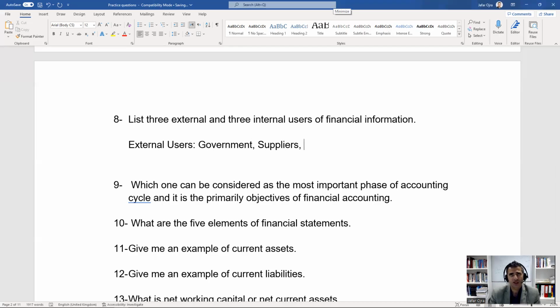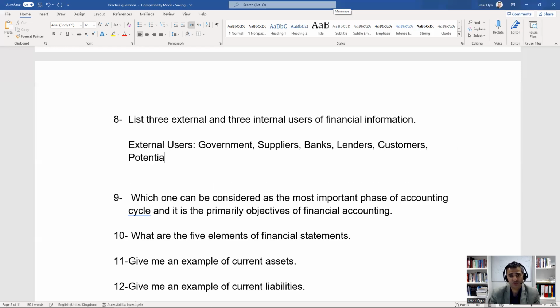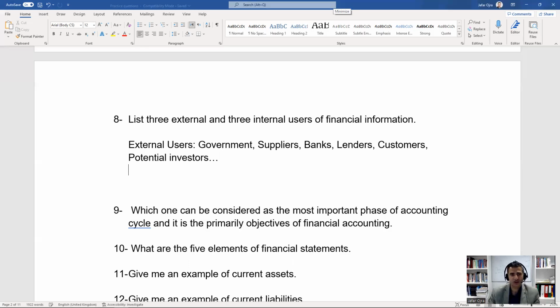Come on. Suppliers, banks, maybe lenders. Banks, lenders, government, suppliers, maybe customers, maybe potential investors. So there's a lot of external users, right? So these are external users.